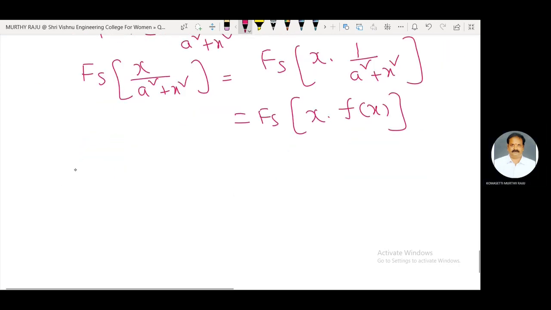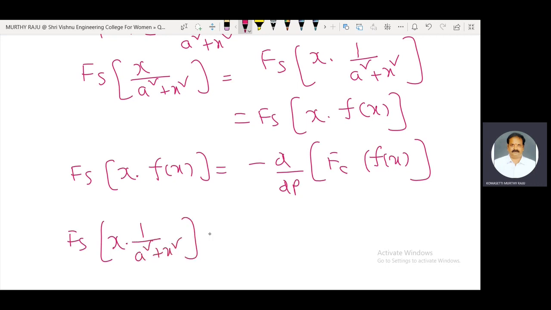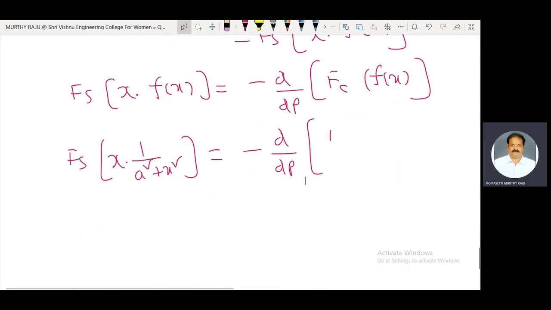the general formula: Fourier sine transform of x into f of x is equal to minus d by dp of the Fourier cosine transform of f of x. So the Fourier sine transform of x into 1 by a square plus x square is minus d by dp of the Fourier cosine transform of 1 by a square plus x square, which is pi by 2a e power minus pa.